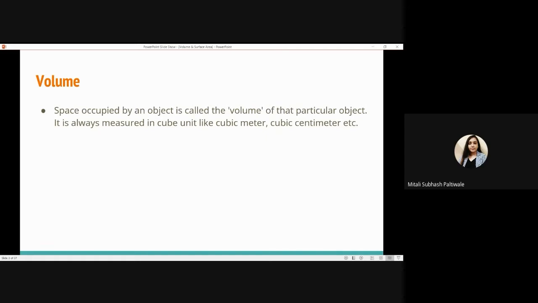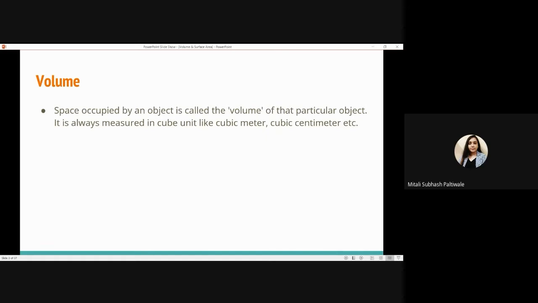Because volume exists in 3D shapes with three dimensions, we will always use cubic meters, cubic centimeters, or any cubic unit.